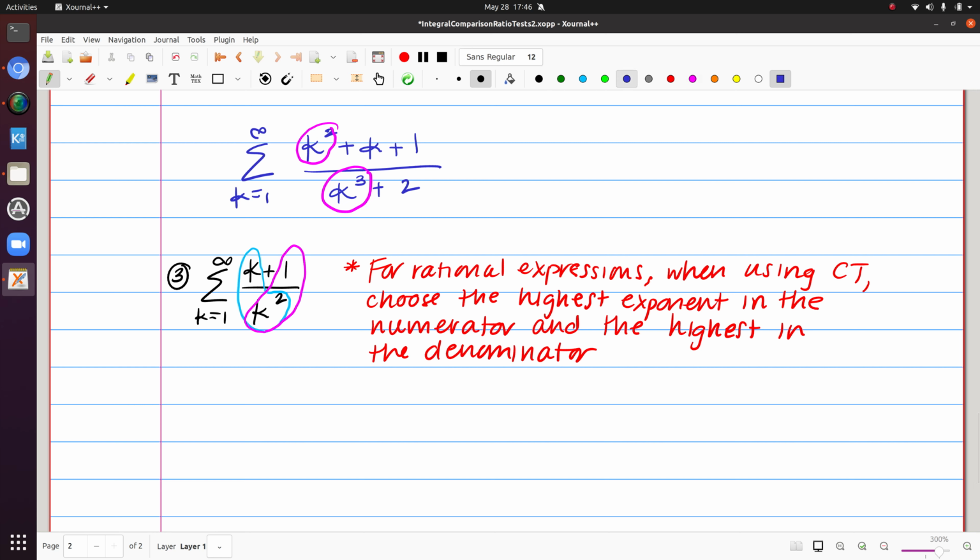And effectively then, the series I would want to compare to would be the one that just draws those out, which we would be able to simplify to 1 over k. So that's the idea I'm expressing in red here.